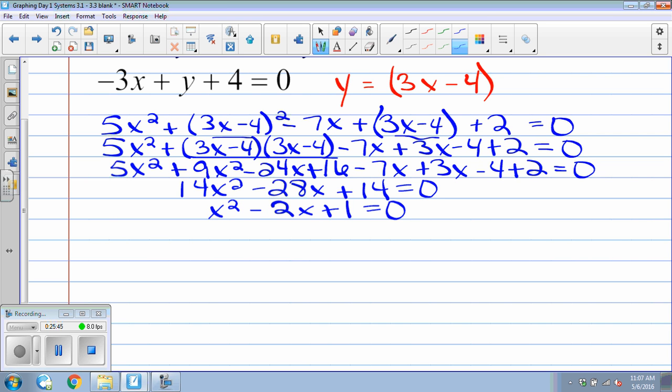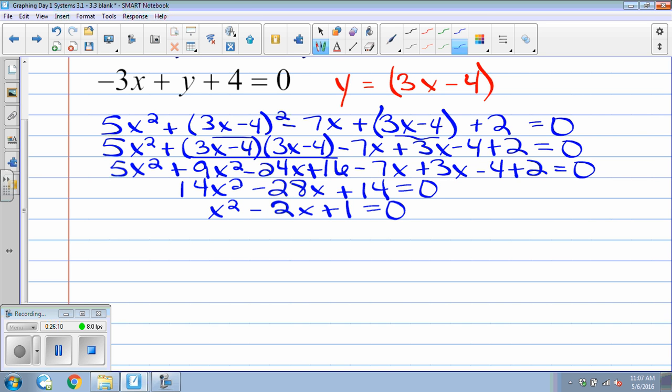So you would have 14 equals 0, which would be thrown away anyway. If everything in your equation can be divided by that greatest common factor, then do that, and it eliminates it completely, because we divide the left and the right by 14. 0 divided by 14 is still just 0. So if you can do that, do that.